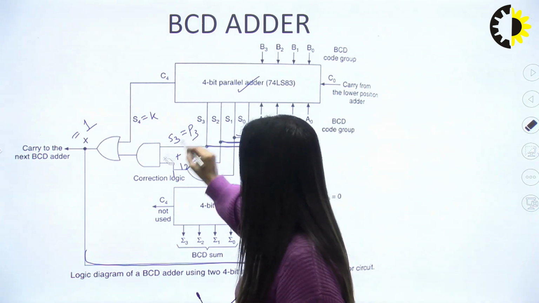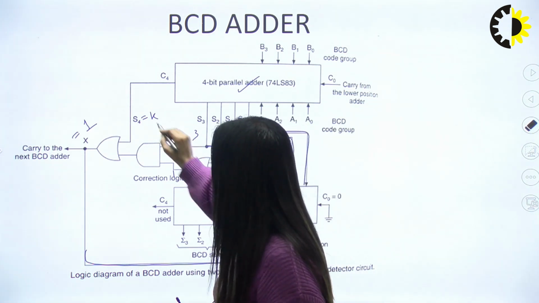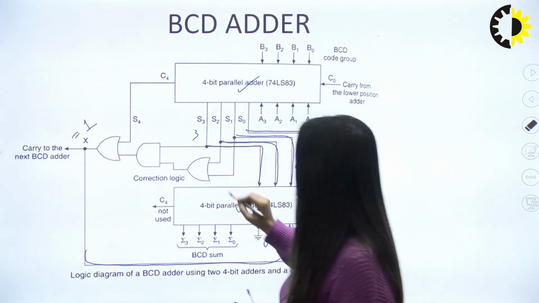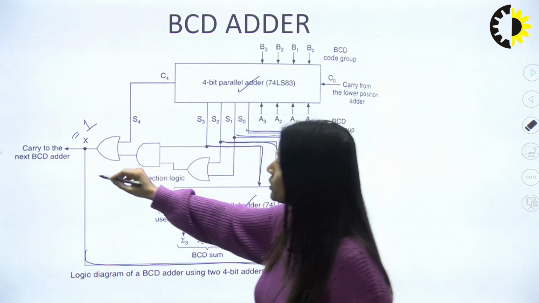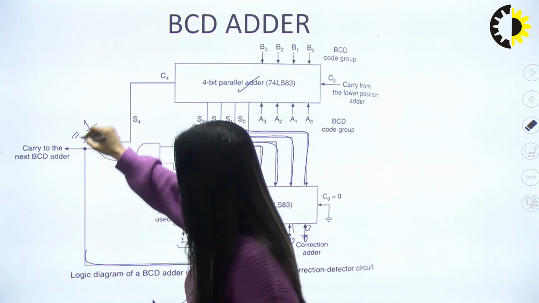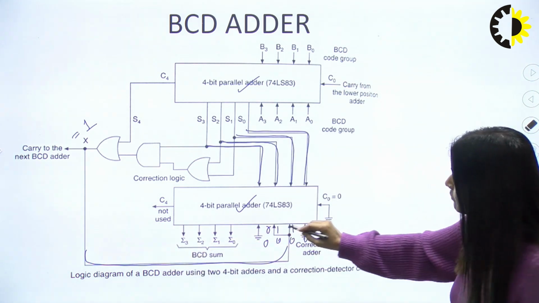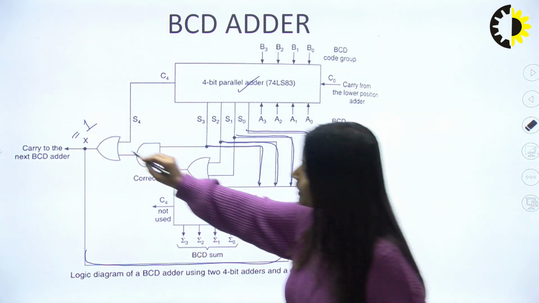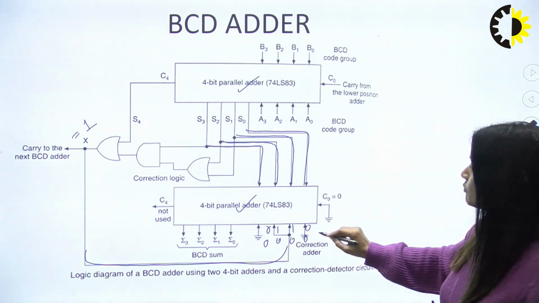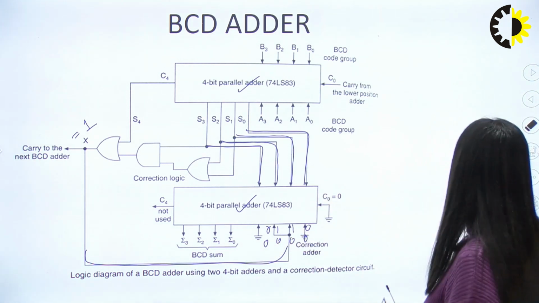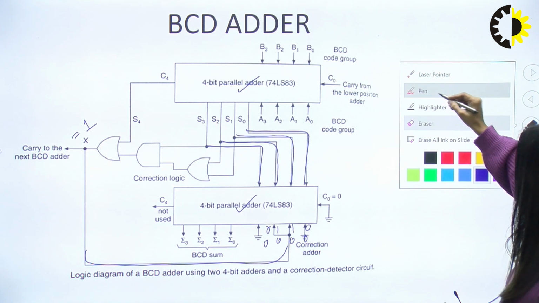This is the correction logic which we have made, and it is clear if this carry output is 1, then 0, 1, 1, 0 will be added. If this carry is 0, 0, 0, 0 will be added. So this is the correction logic which is very important.